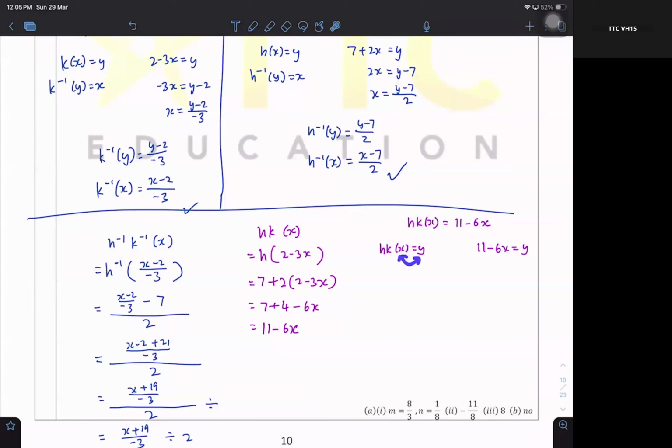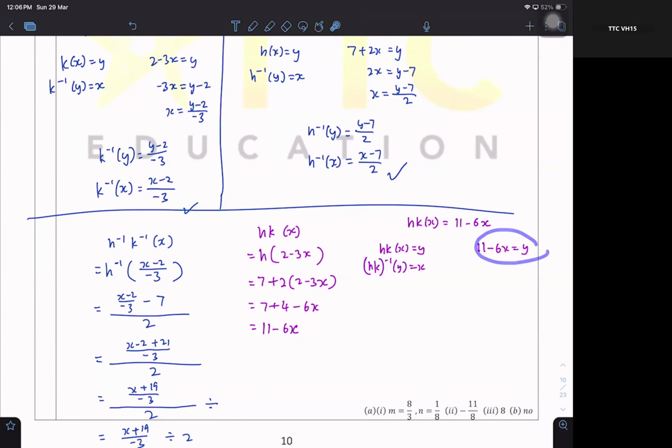You see, I'm using the same inverse method. The x and y switch. Then it becomes hk together inverse, because here you have both hk.